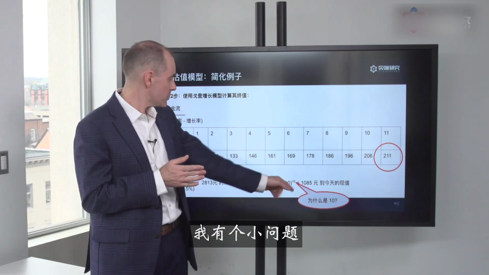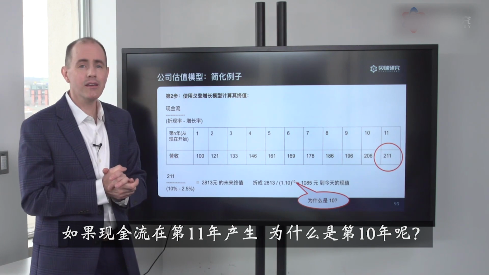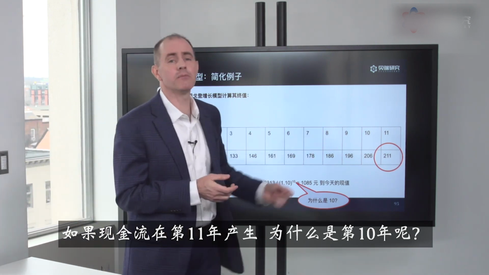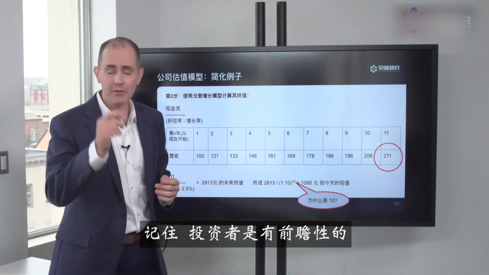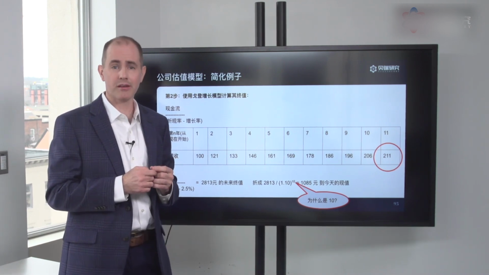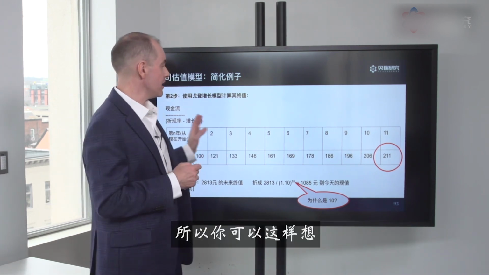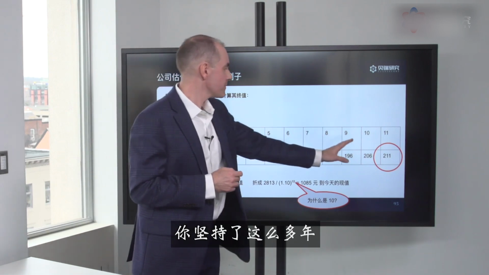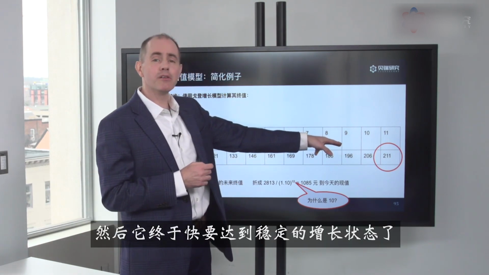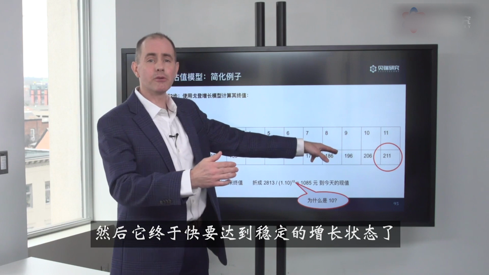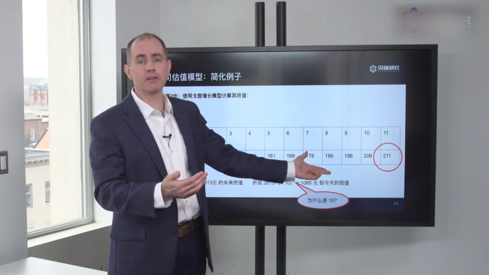Now, I did have a little question here. Why year 10 if the cash flow is coming in year 11? Well, remember that investors are forward-looking. So you can think of it like this. You hold through all these years, and then once it's finally about to reach that steady state growth, you sell this company.